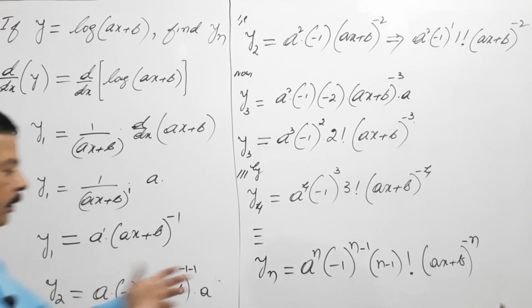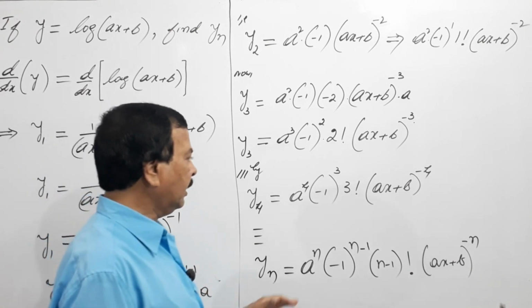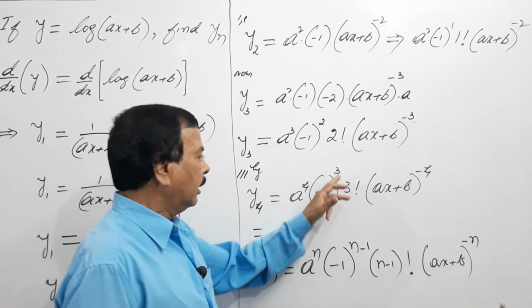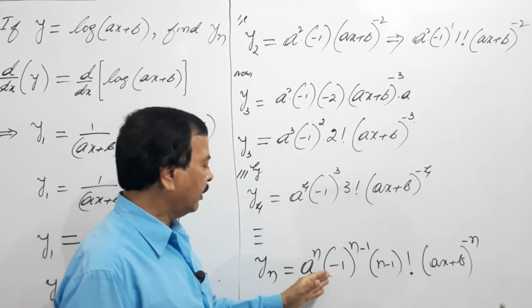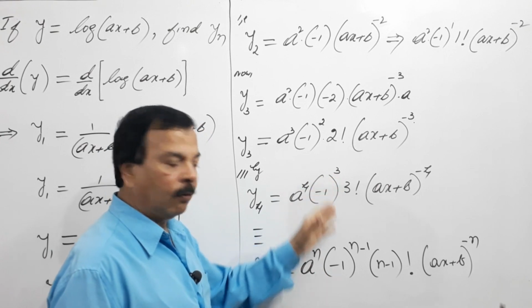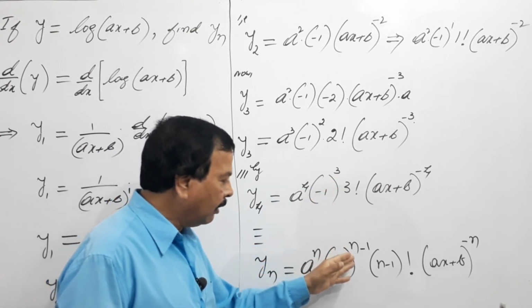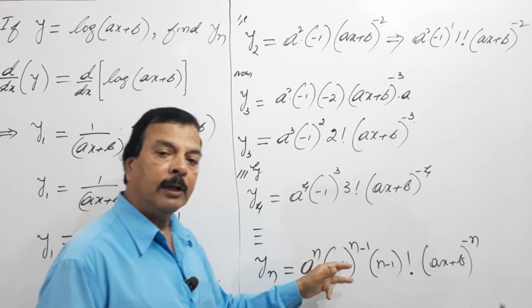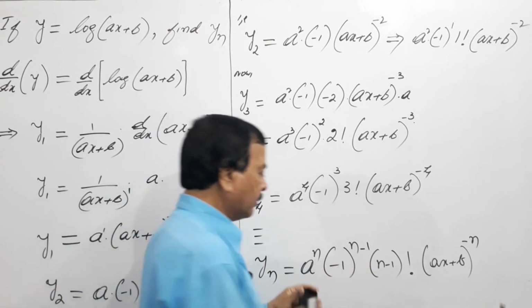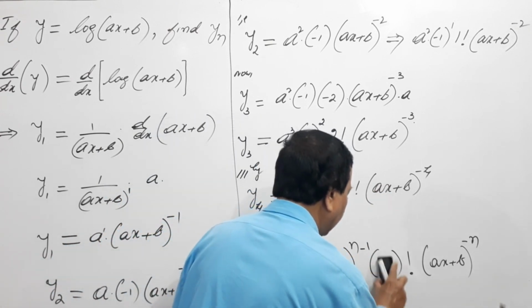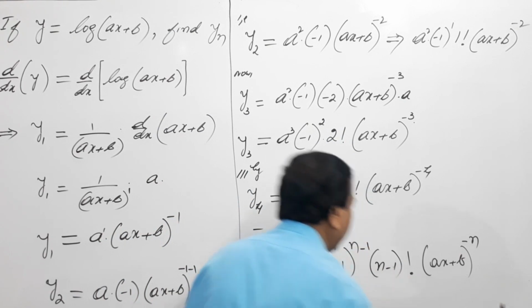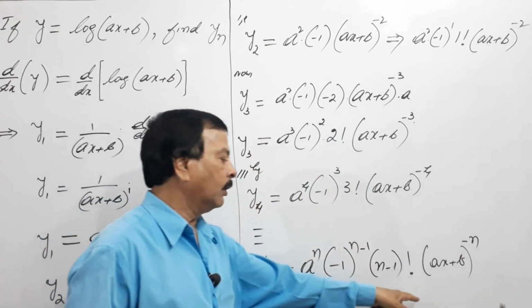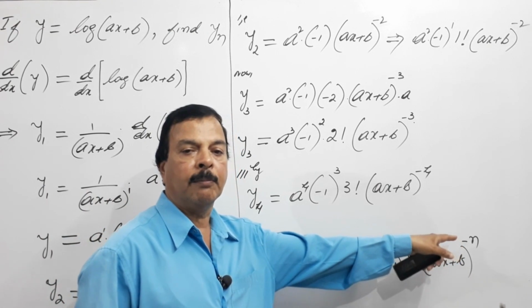So this is the nth derivative. Here, the values of the minus 1 power go on increasing up to n minus 1, into n minus 1 factorial into ax plus b to the power of minus n.